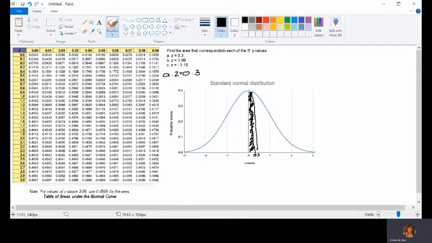And how are we going to find the area? We're going to look up the z table. First step, we make this into 3-digit form. So we have 0.30, and in the column, we're going to find 0.00.